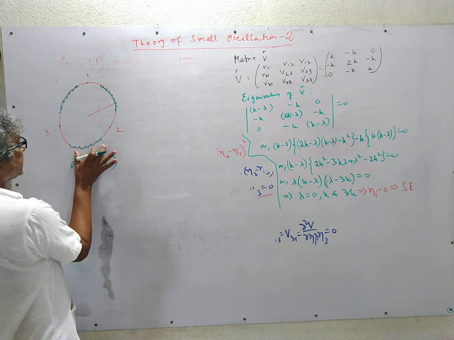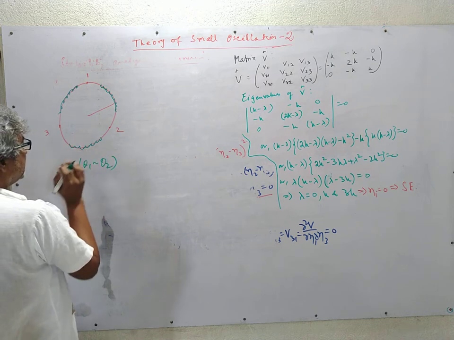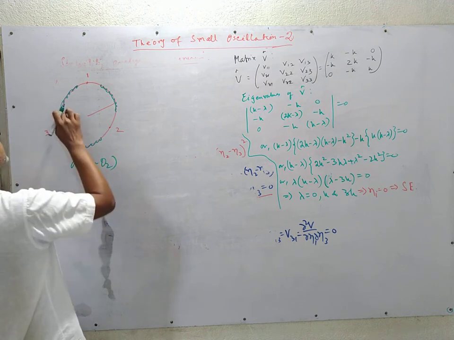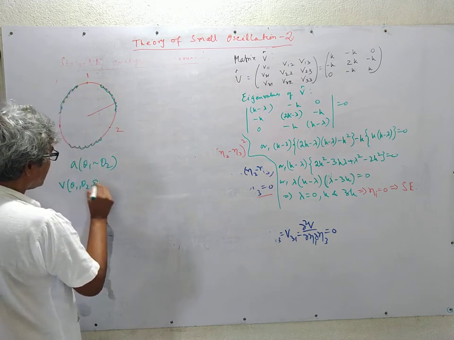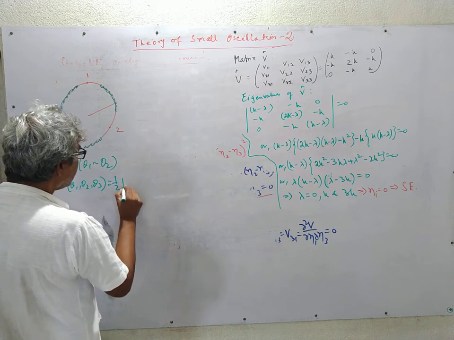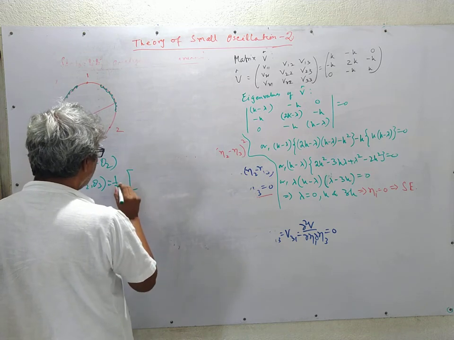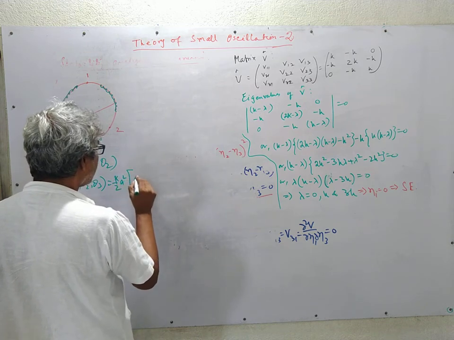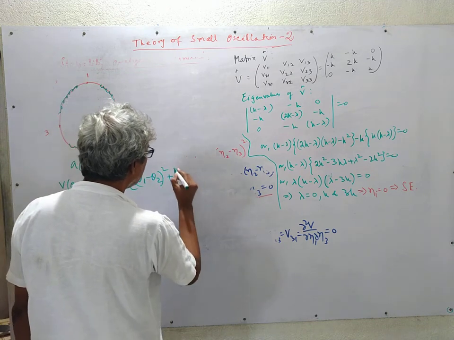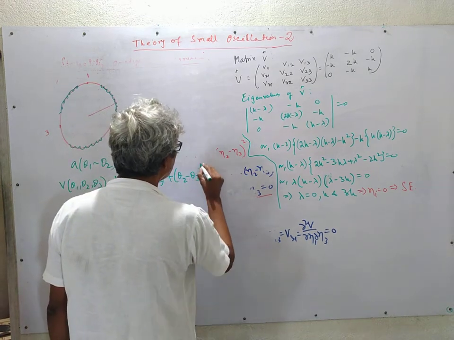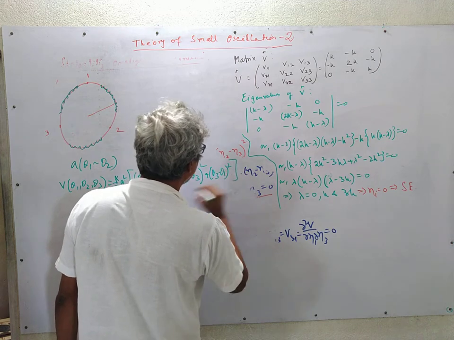Similarly, for this one it is given by theta 2 minus theta 3. So the potential energy, which is a function of theta 1, theta 2, theta 3, is half K A square times theta 1 minus theta 2 whole square plus theta 2 minus theta 3 whole square plus theta 3 minus theta 1 whole square.